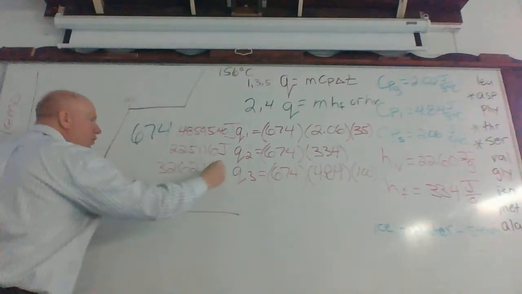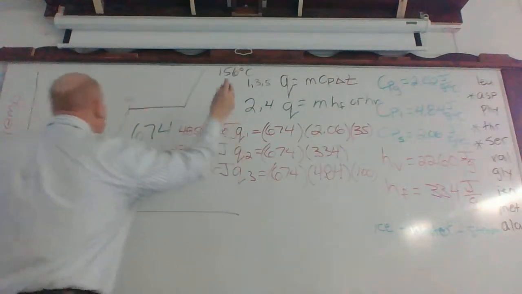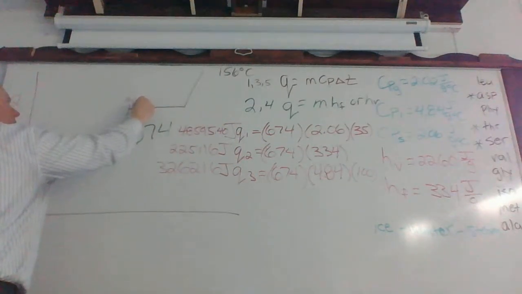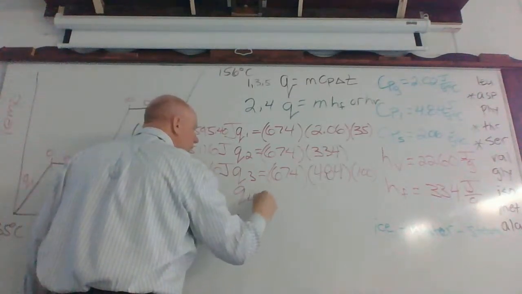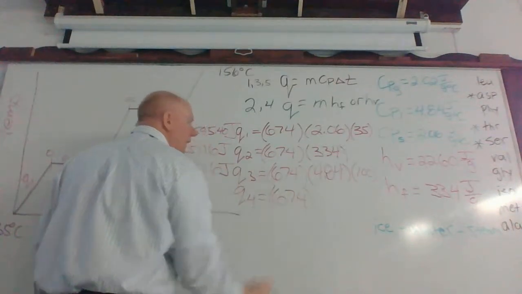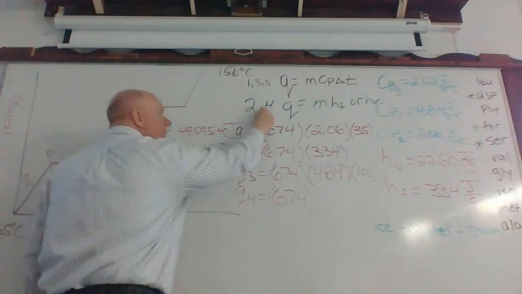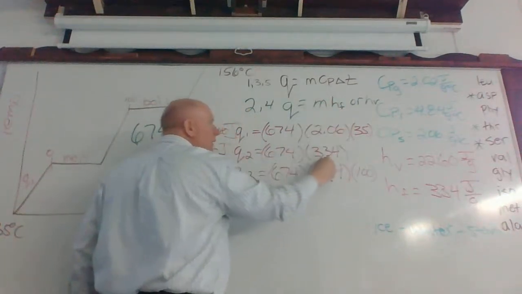Joules. Step 4. Now we are going to start to do this. Q4, 674. Okay? In step 4, mass times heat of vaporization, not heat of fusion, we did that already.